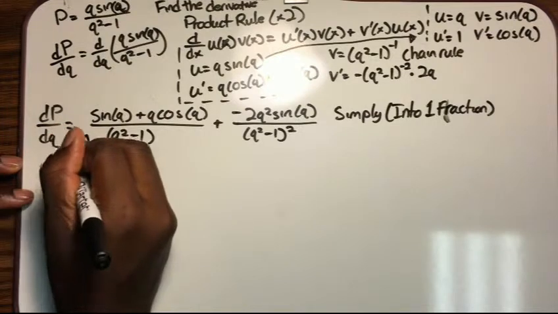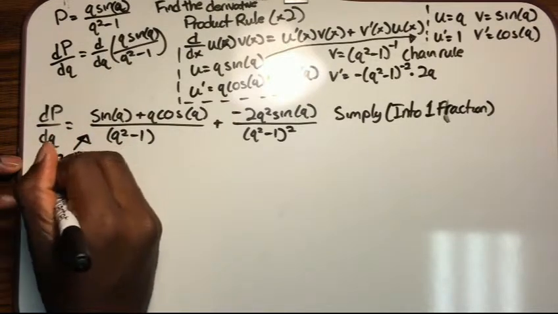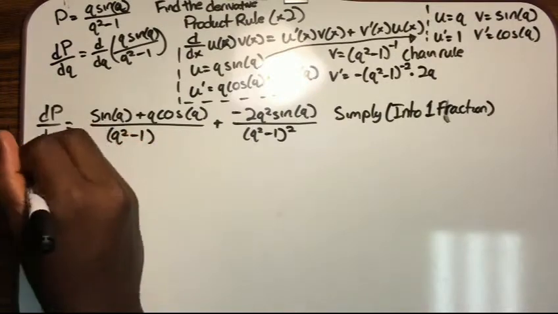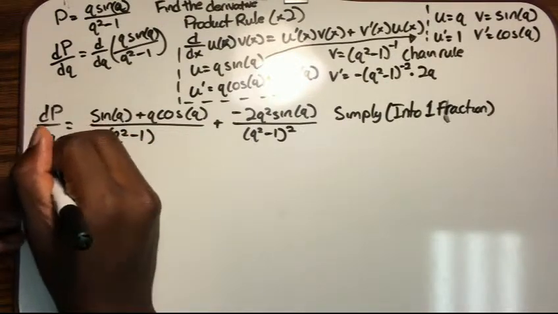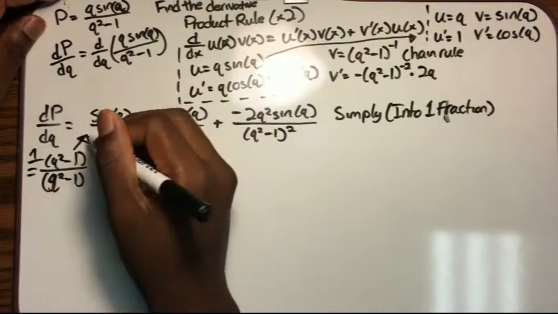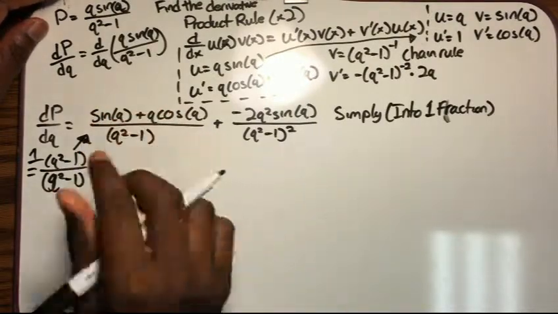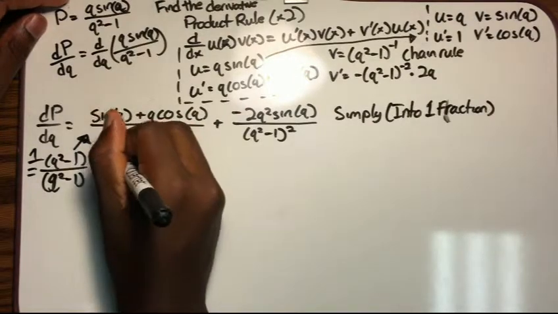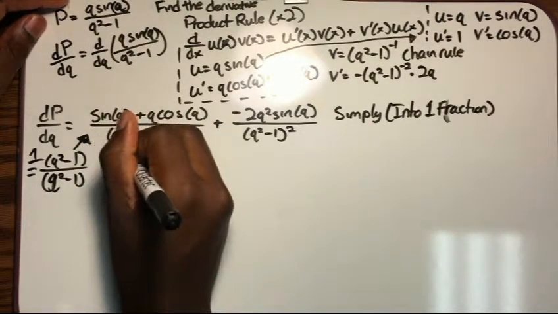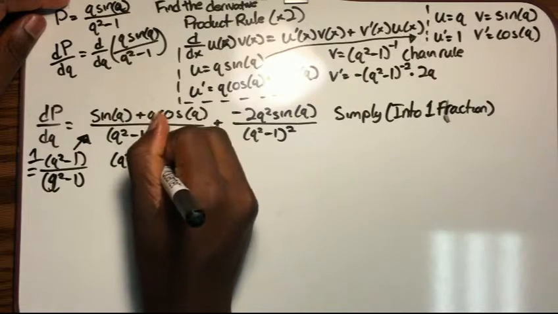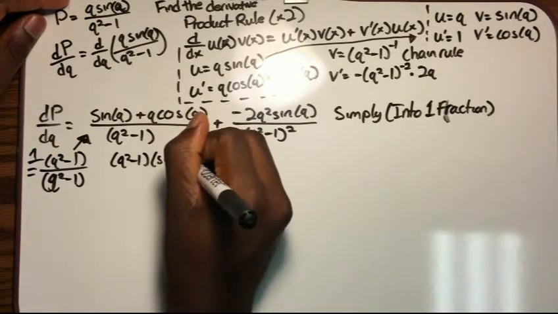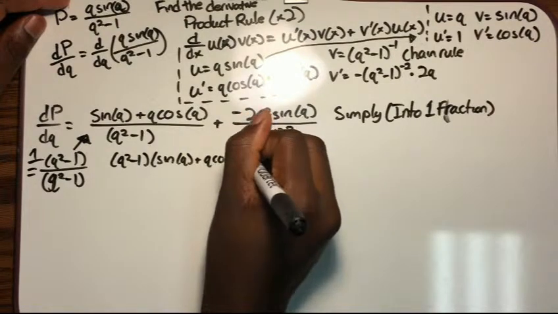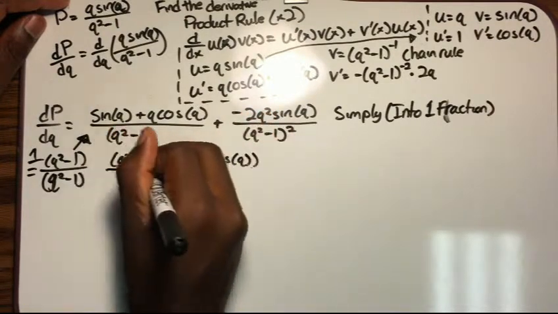So our first goal is to make the denominators equal, and you can see here that we're missing a q squared minus 1 to make this denominator equal to this one. So what we're going to do is multiply this fraction by q squared minus 1 over q squared minus 1, which is essentially equal to 1. And this allows us to change the denominator here.